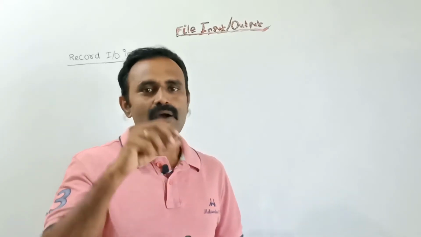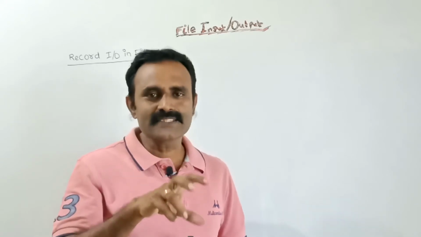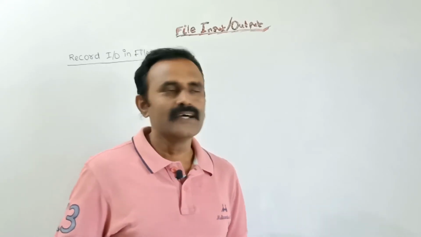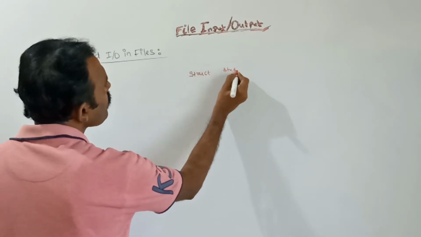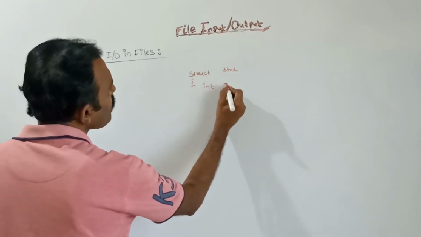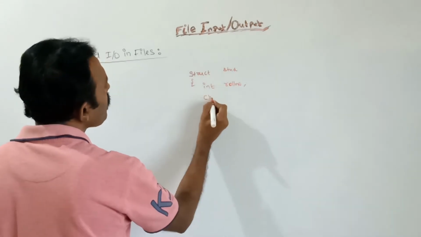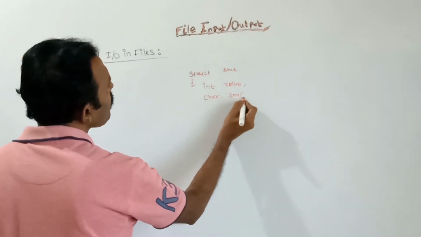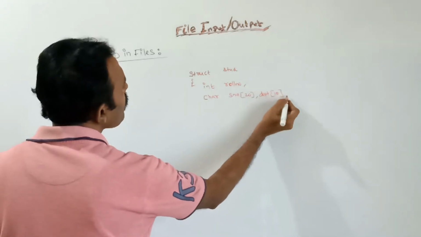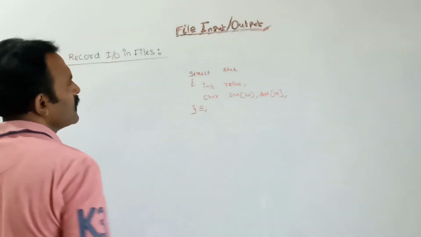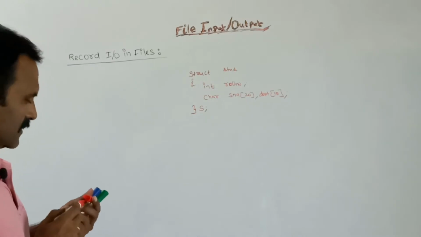In C, by using a structure we can create a record. For example, see here the structure.